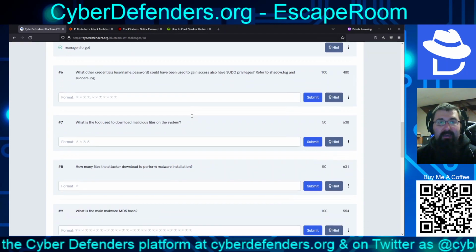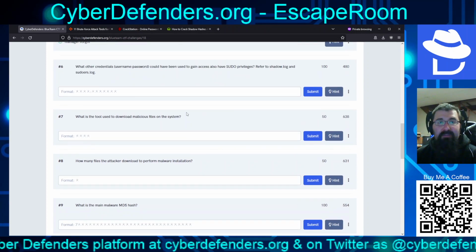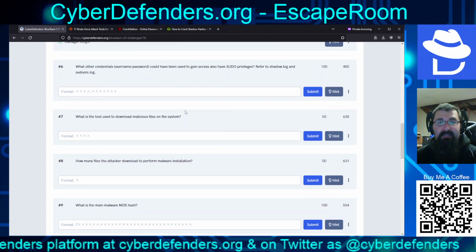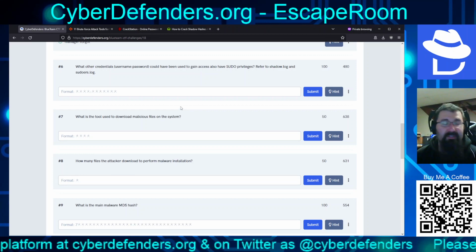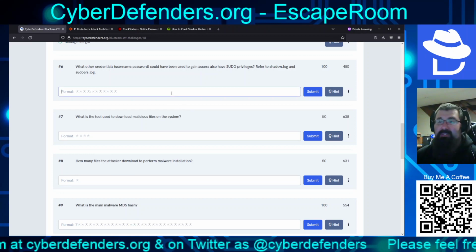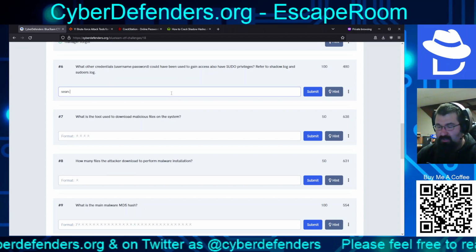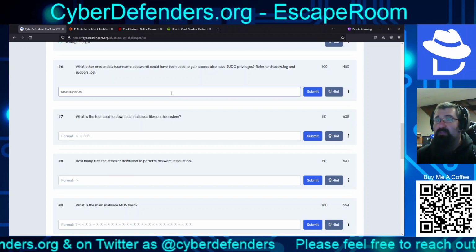Okay, let's see. What other credential, username, password could have been used to gain access? Also refer to shadow.log and sudoers. So that one's going to be Sean and then Spectre.